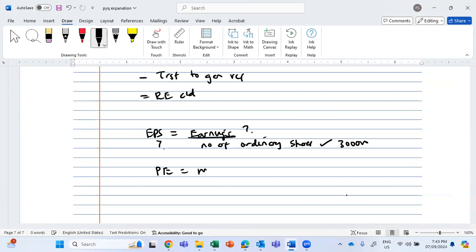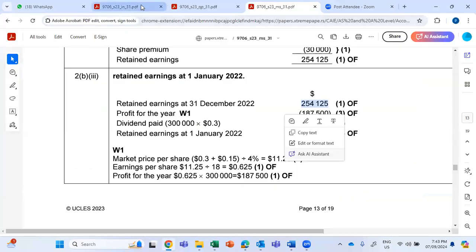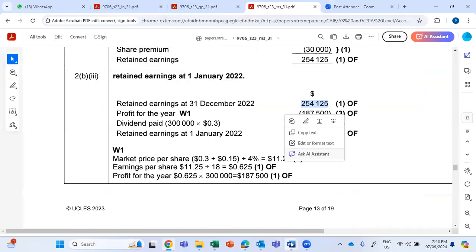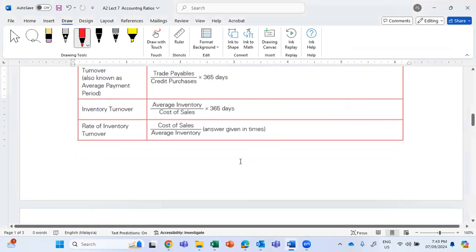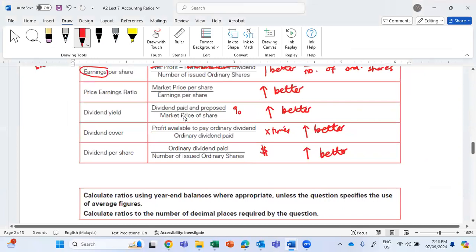PE ratio is market price of share over EPS. So let's see whether we have this information or not. Or you can use another formula, the dividend yield formula, because dividend yield also contains the component market price.